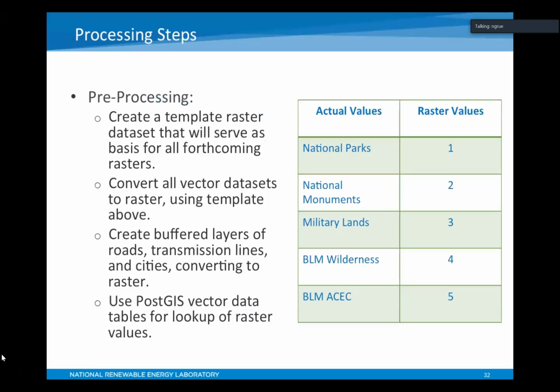So going into the processing steps, once we decided on using Rasterio for the raster analysis, we had to create a template raster, because when we're converting different vector data sets, everything needs to line up, and the resolution needs to be the same, and the SRID needs to be the same, and all the projections and everything need to be the same. And so we created a template raster that everything would be based off of.